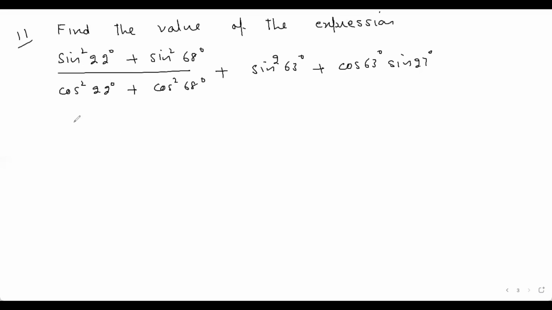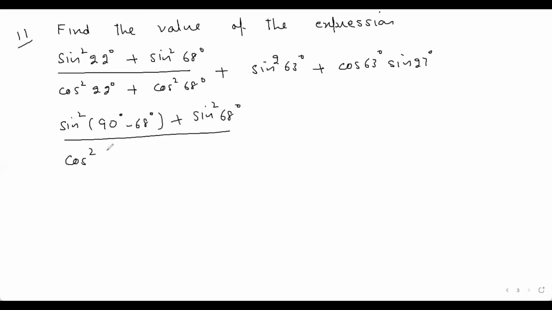Now sine square 22 degree can be written as sine square 90 degree minus 68 degree. So instead of 22 degree, I have written this, plus sine square 68 degree upon cos square, I have changed this 22 degree, 90 minus 68 degree, plus cos square 68 degree, plus sine square 63 degree. You are not going to change it.